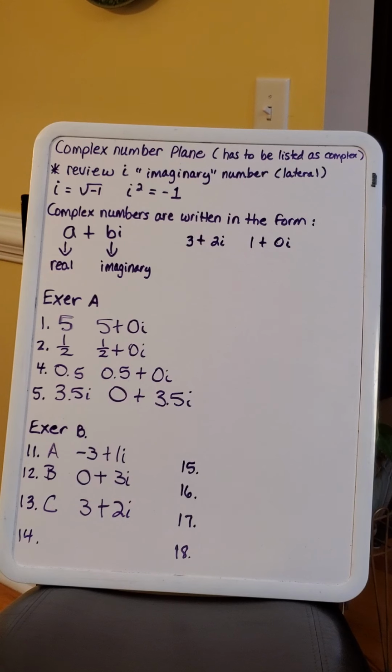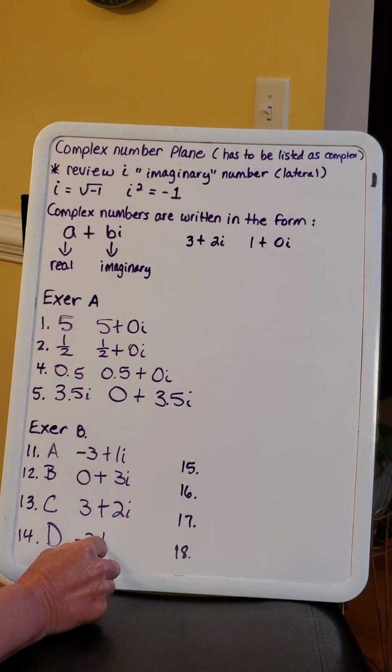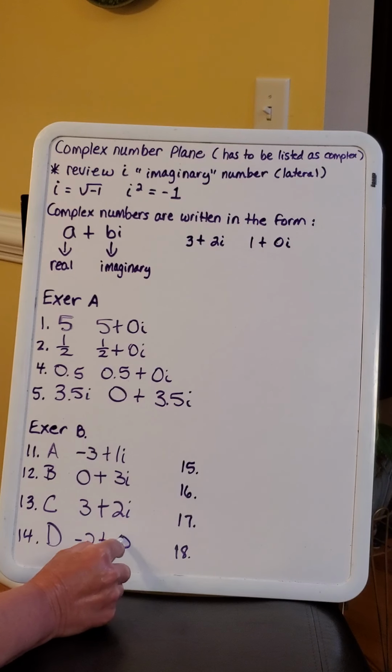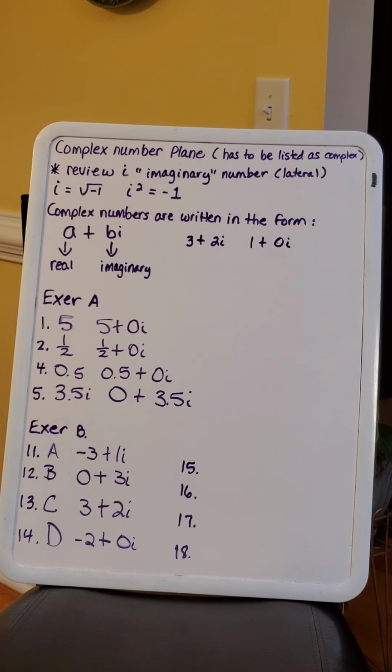Number 14, D. You're going to go left on the X. D is on -2, and it doesn't go up or down, so -2 plus 0i. You still have X and Y, but since we're accounting for that i on the complex number, we're writing it as a two-part or complex number.